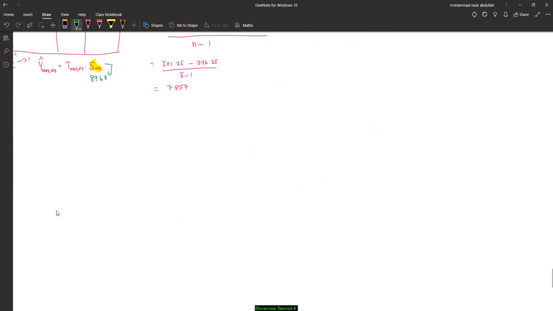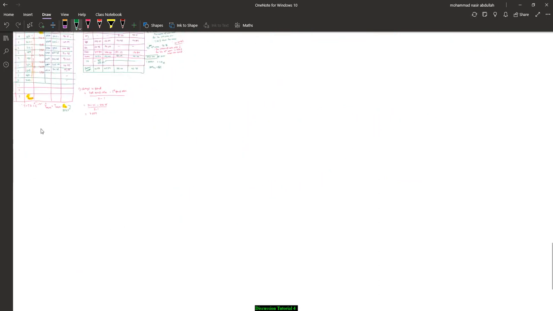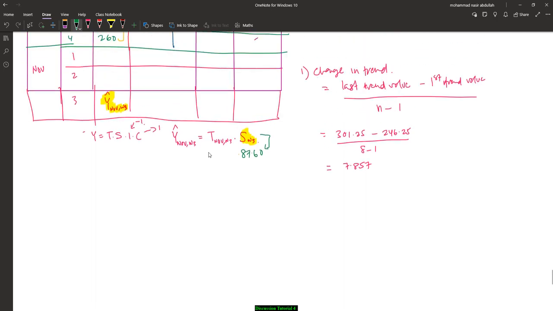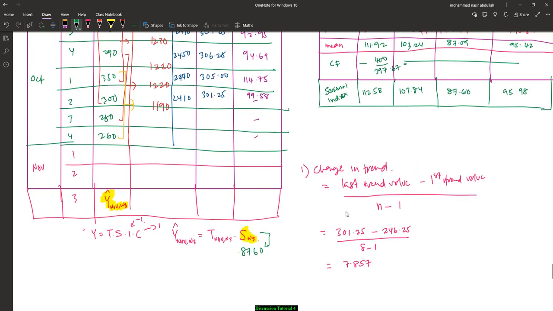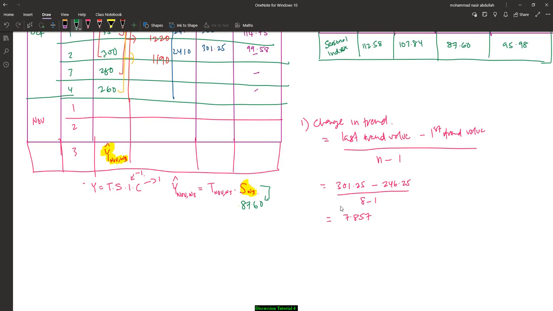Now, we want to find the trend value for November. We already found the change in trend. So to find the trend value in November week 3, we see the last trend value is 301.25. Plus, we need to add here.